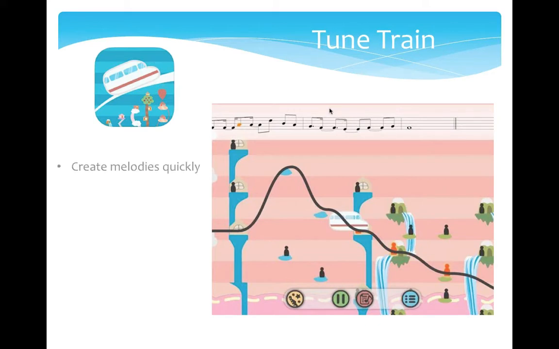So it's very easy to create quick melodies. It always sounds great. You can't play a wrong note on this game. They can also see at the top what their notes actually look like. And then you can choose a variety of different backgrounds. There's 2 or 3 for each level, from a rock beat, a pop beat, to classical.